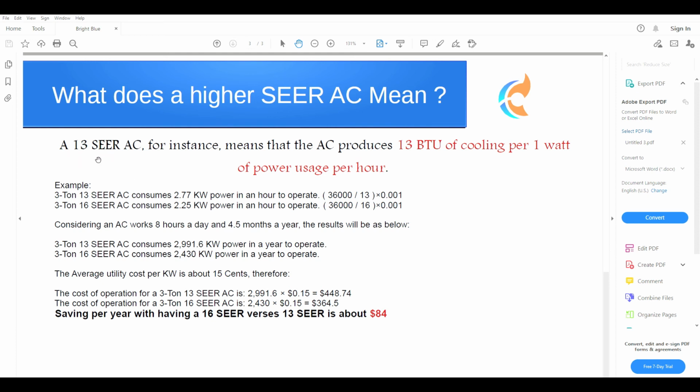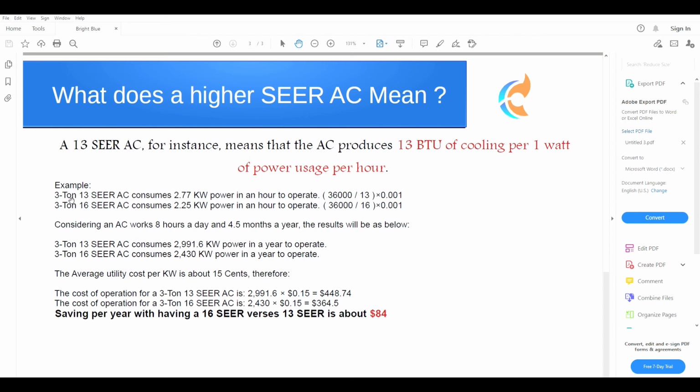A 13 SEER AC, for instance, means that the AC produces 13 BTU of cooling per 1 watt of power usage per hour. Just 13 BTU, not 13,000 BTU. So if you have a 16 SEER, it will produce 16 BTU of cooling using the same amount of power. So there are 3 SEERs difference here.